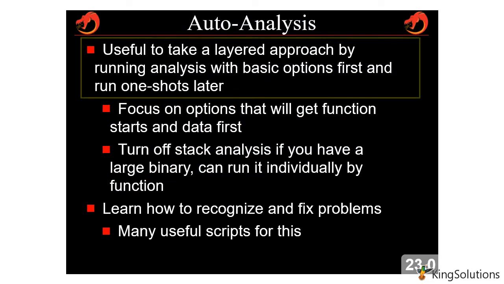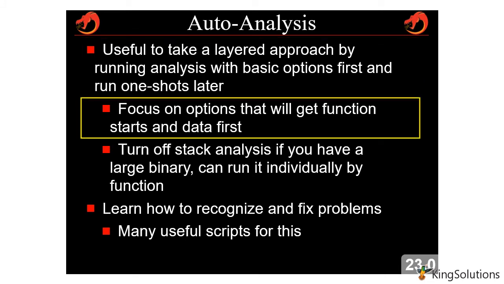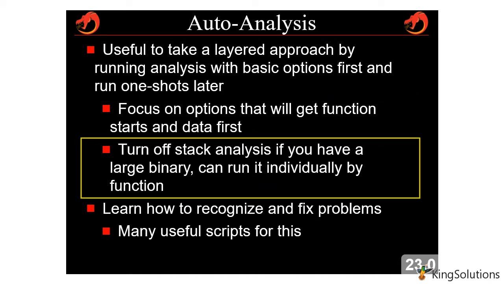Auto-analysis. It's useful to take a layered approach with analysis by running with basic options first, and then running one-shots later. In the initial analysis, focus on options that will get function starts and data first. Turn off anything speculative or extra, such as stack analysis, especially if you have a large binary.